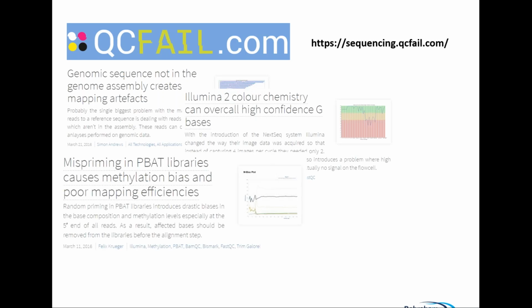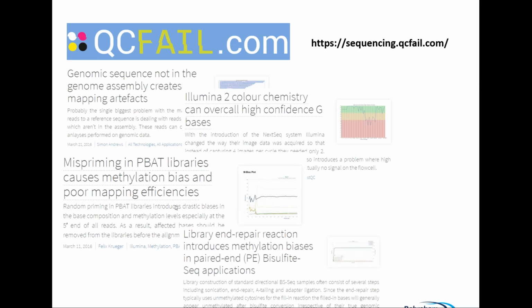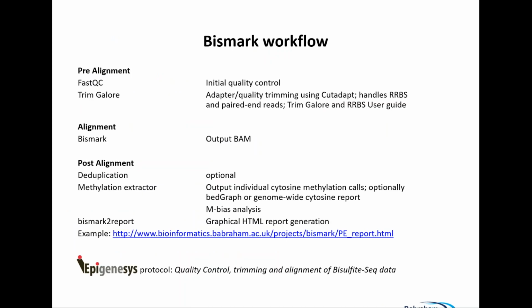And you should probably go and have a look. Some of the more bisulfite specific things that I mentioned here today are also mentioned there. For example, this is the mispriming we just talked about, and there's also the bias at read 2 of paired-end reads. So it's a really good and valuable tool shed where you can go and find out about common problems.